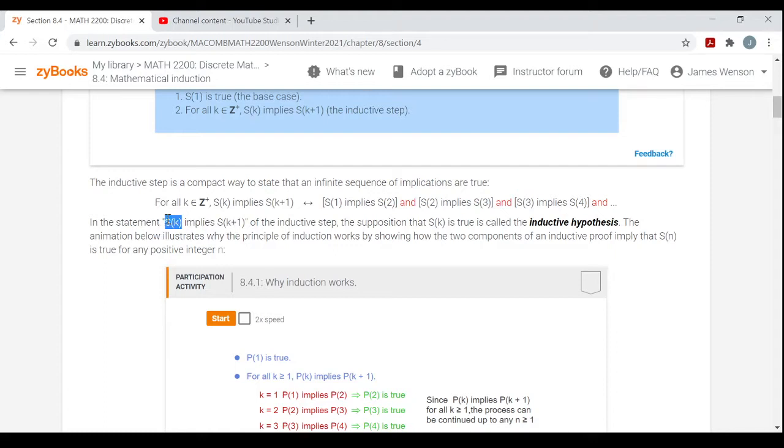So what we're assuming to be true here, that S(k) is true, that the statement is true for some integer k, that's called the inductive hypothesis. And then we're going to, through a series of steps, show that indeed S must be true for the next integer up. S must also be true for k plus 1.